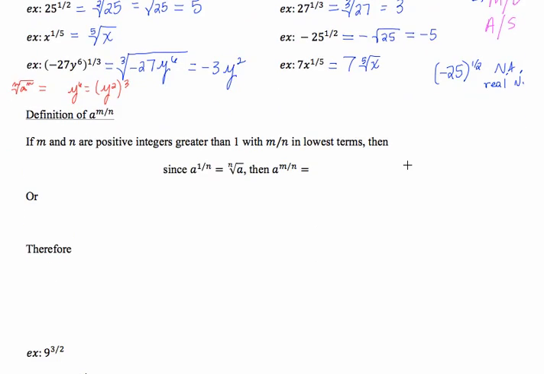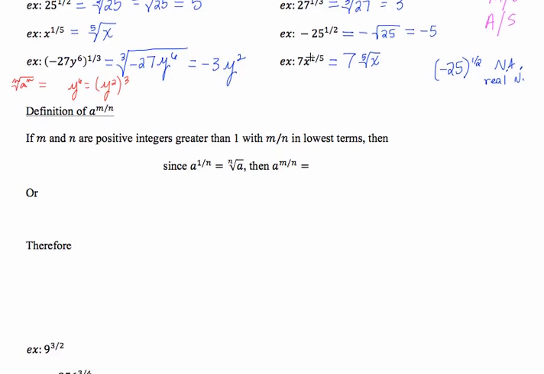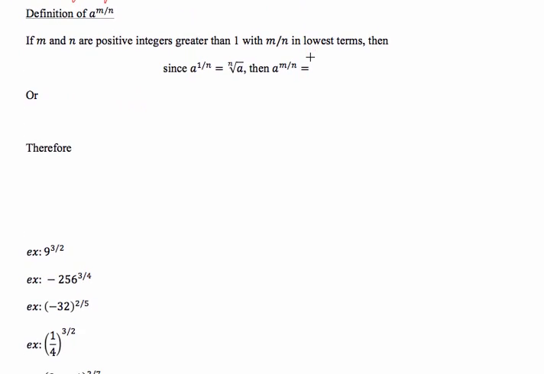Now let's look at what happens if the numerator of the rational exponent is not just 1. Notice in all of these, the numerator is always 1 in every single one that we just did. But what if it's a number instead? So say, for example, you have a to the m over n, where m and n could be anything.